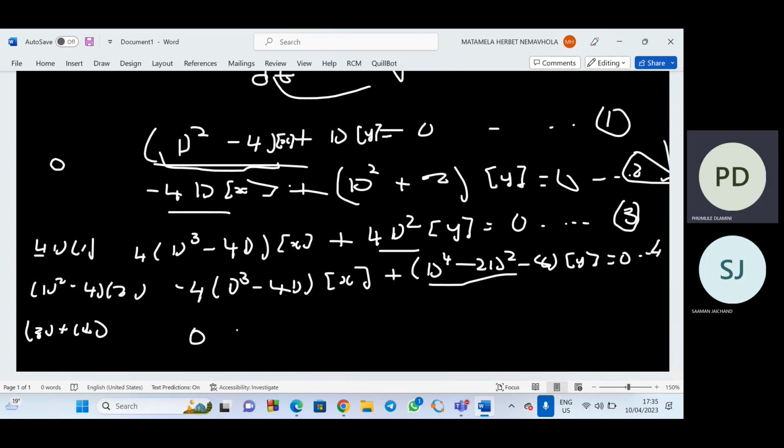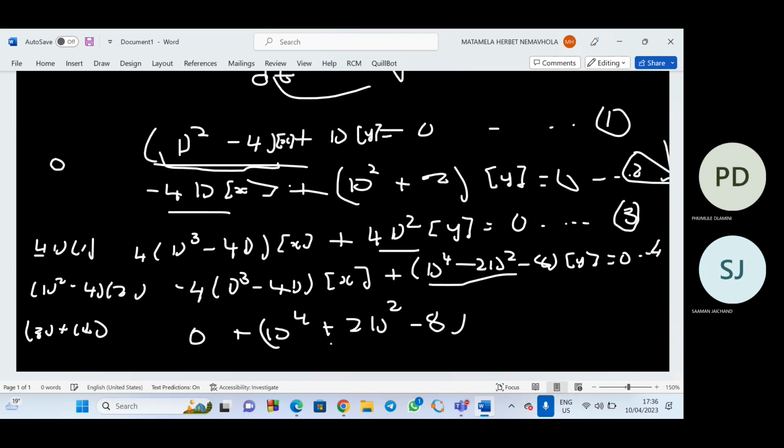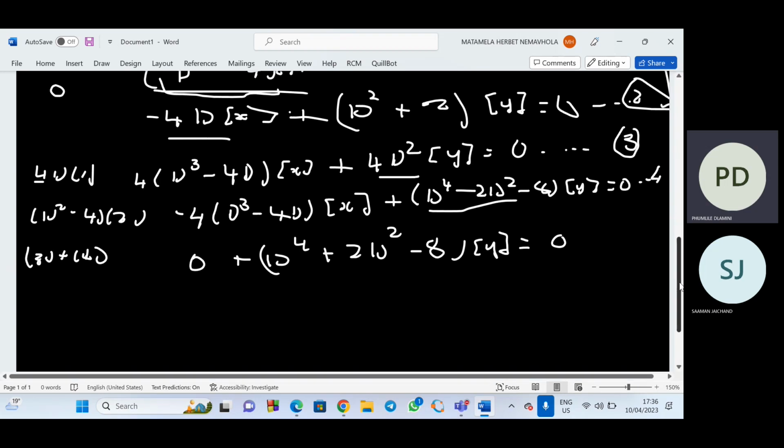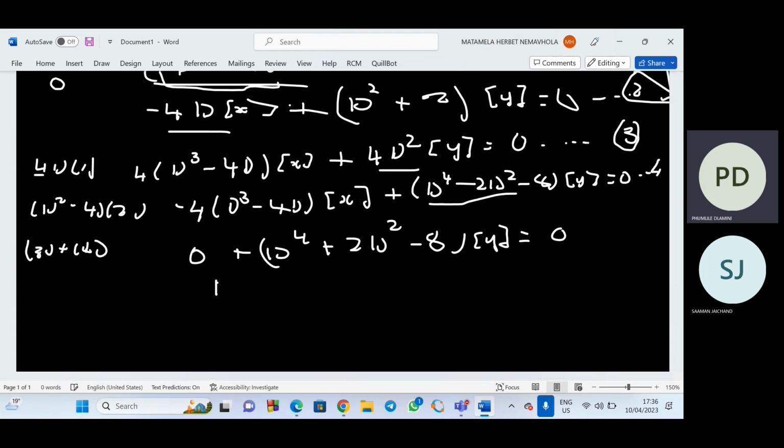Which means the answer is going to be d to the power 4, plus 4 minus 4 gives us plus 2d squared, then minus 8. This is in the form of y, and this equals 0.